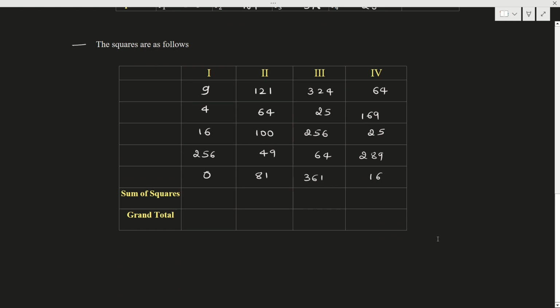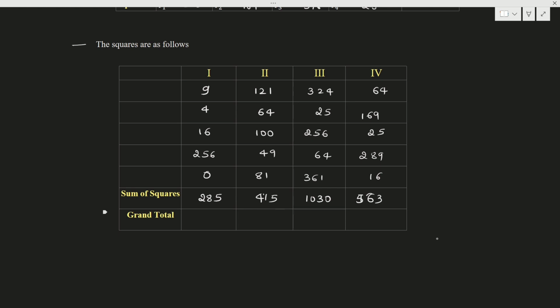Then the sum of squares: add along the column. 9 plus 4 plus 16 plus 256 is 285. The second column is 415. When you add the third column, it is 1030, and the fourth column is 563.